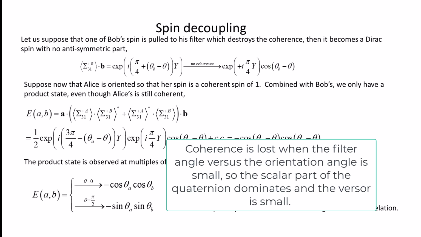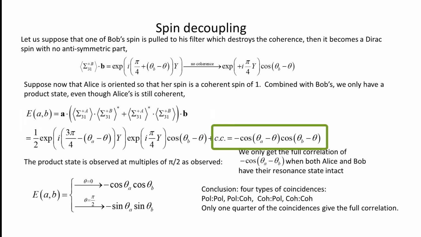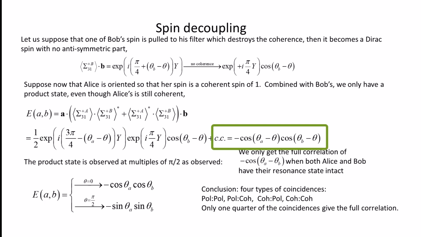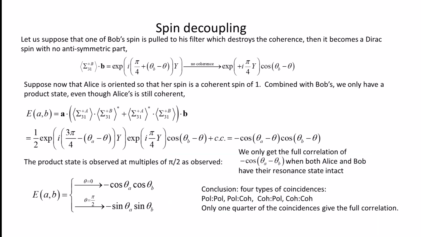Now, when the correlation is calculated in the same way as just done, the result is a product state, even though Alice's spin is still a Q spin. Here we show the result. Depending upon these orientations, we can get various product states, but no minus cosine term, which is found for the full correlation. There are 4 cases giving 4 types of coincidences when the filters at Alice and Bob are set, so they encounter polarizations and/or coherent spins.